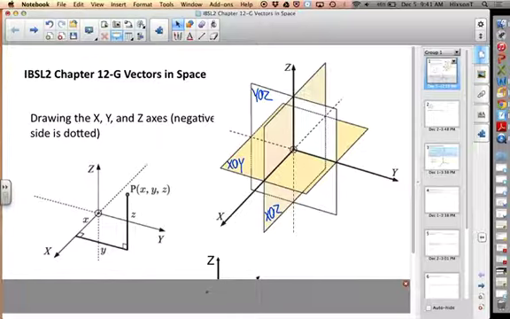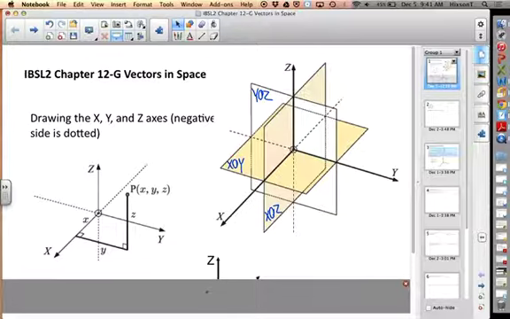And then we have XOZ, that's the plane that's going to contain the x and z axes. And then XOY, that's the one that we've dealt with for years, containing the x and y axes. That image may be hard to wrap our minds around, but we're intersecting three planes and finding points on those.